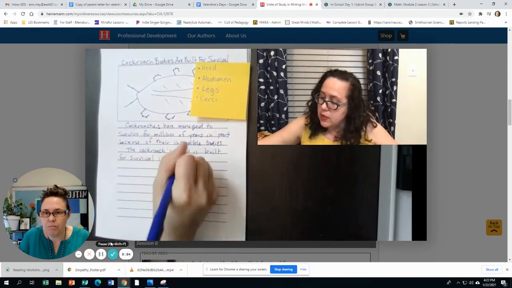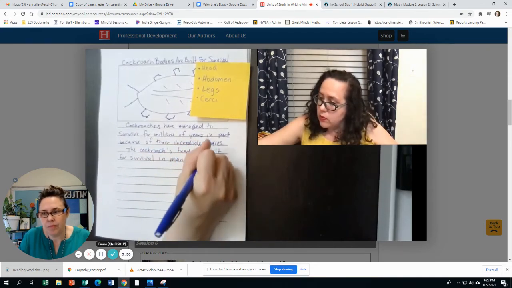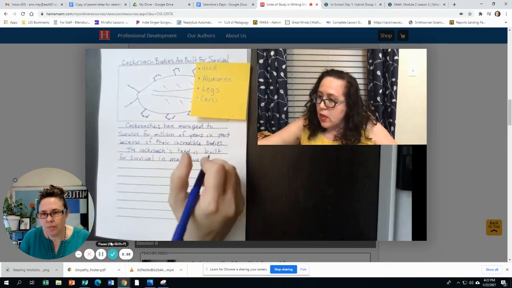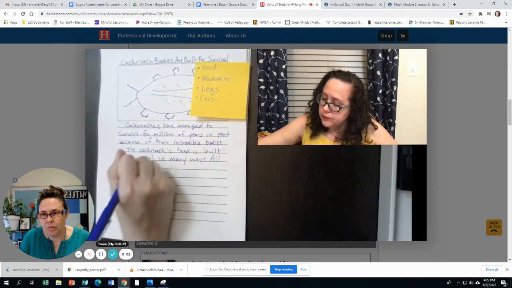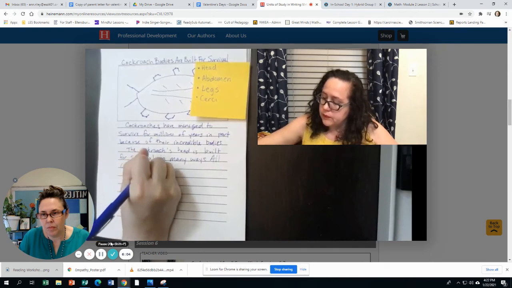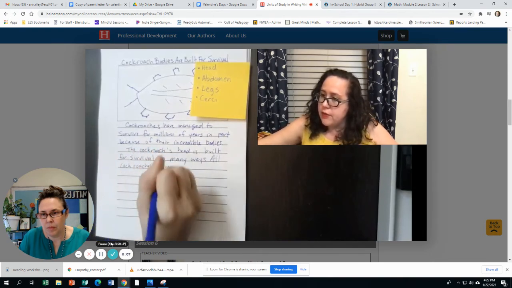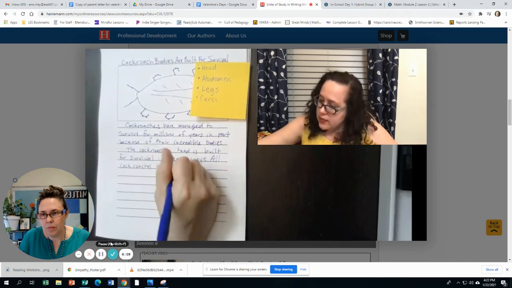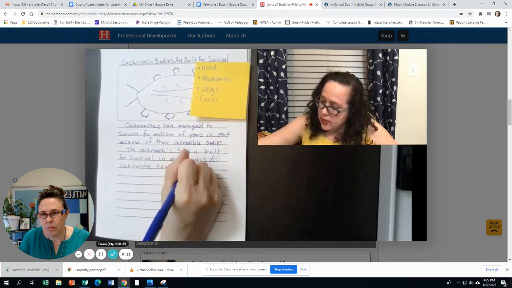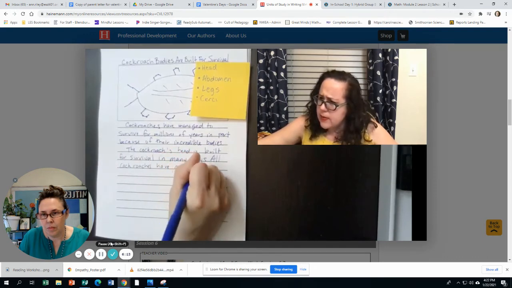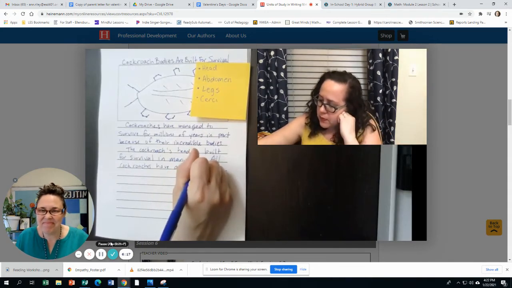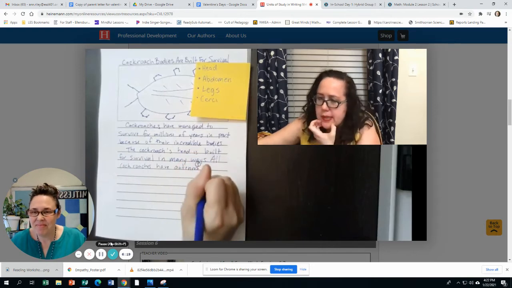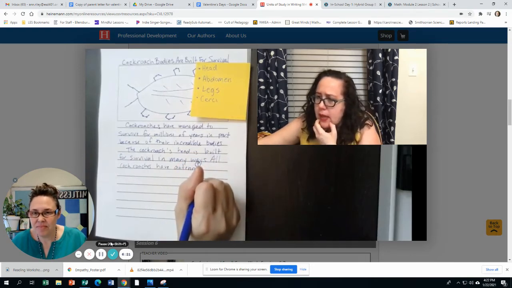So I'm going to set up the reader for more than one way. All cockroaches have antenna, I'm not sure exactly how to spell it, so I'm going to put a little question mark so I can remember to go back and check that later.